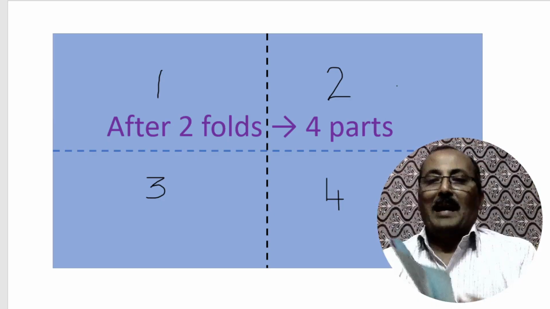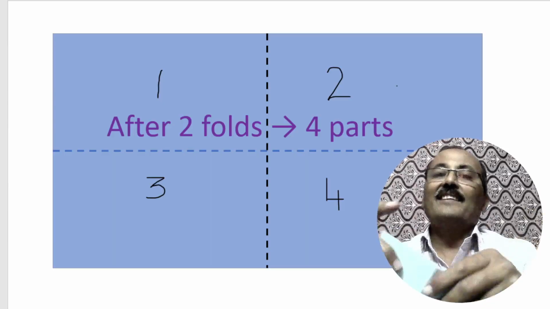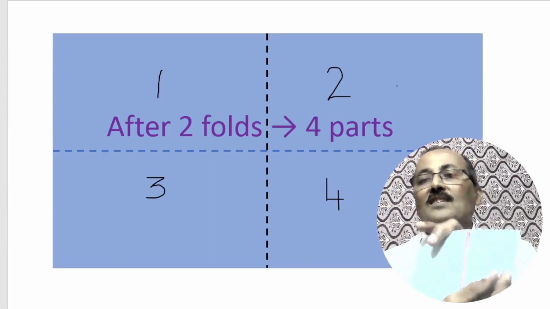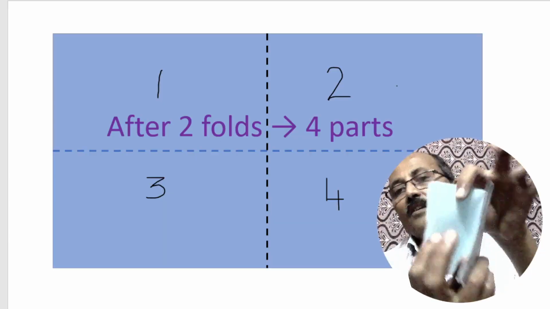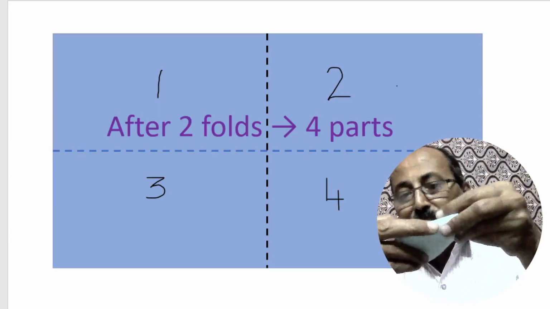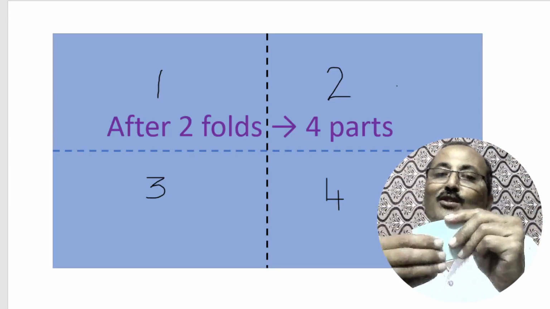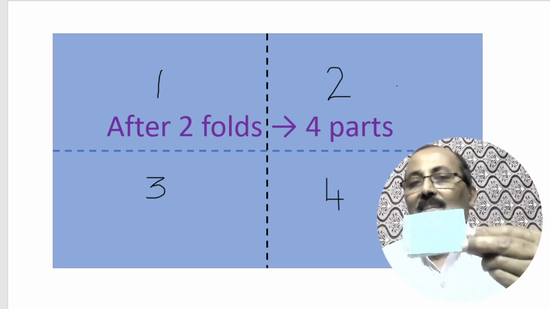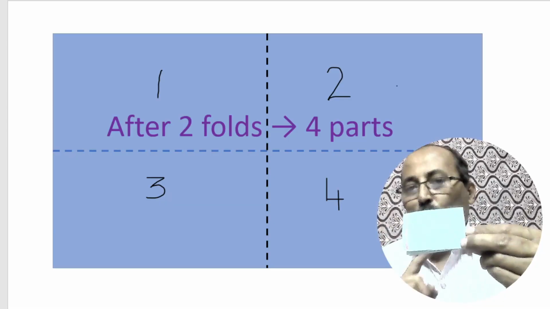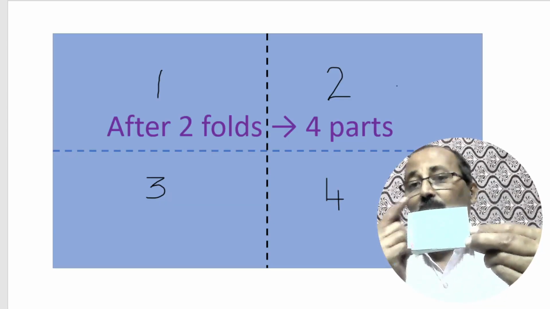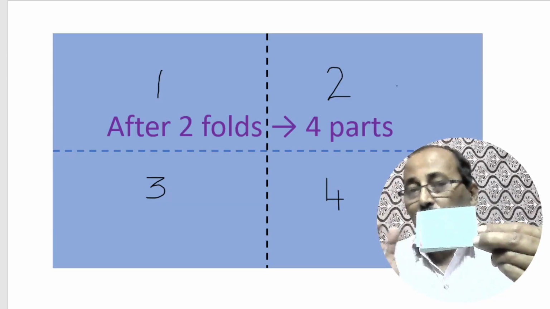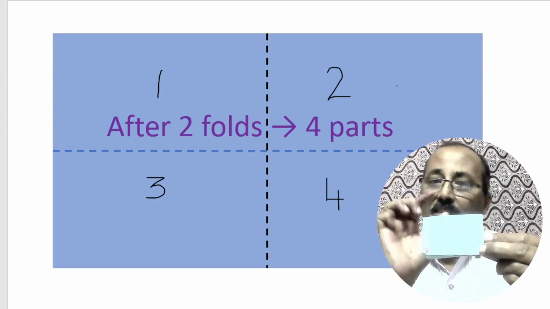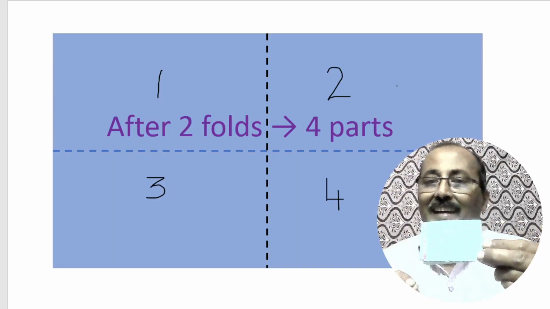Now imagine this is the last folding I did. If I fold it again, you have to imagine how small it is. In that corner, number one, the whole paper becomes that size, and that size I am going to fold again.